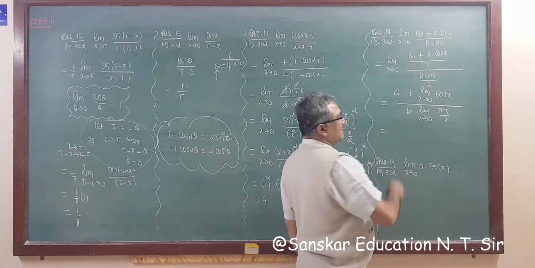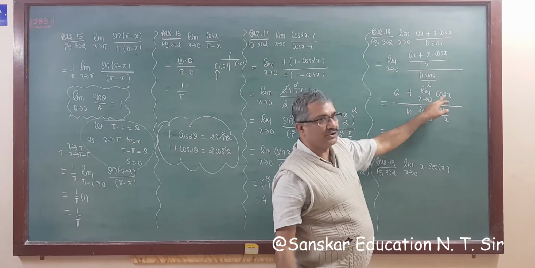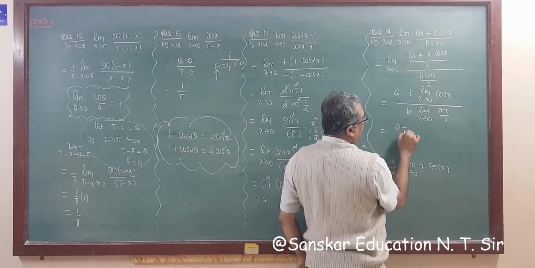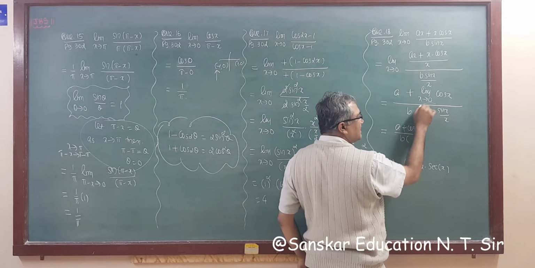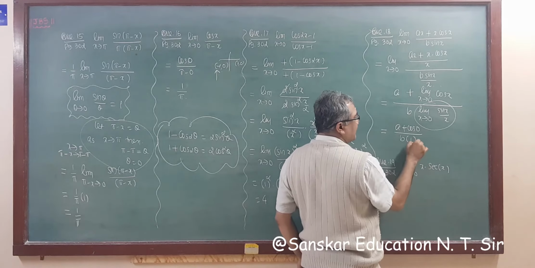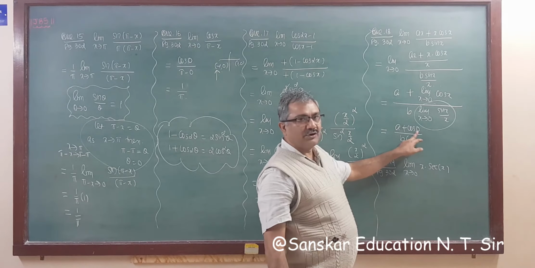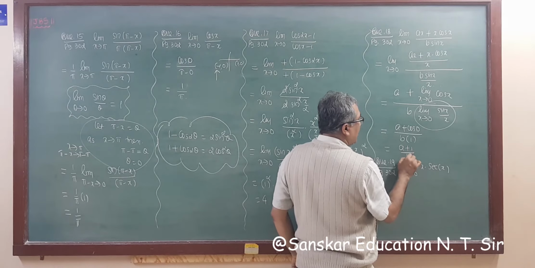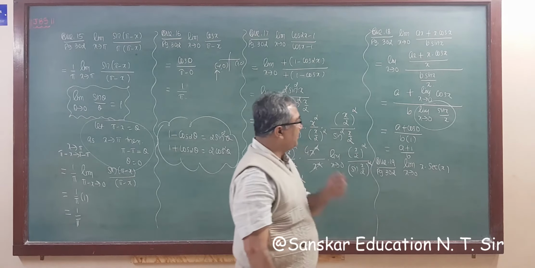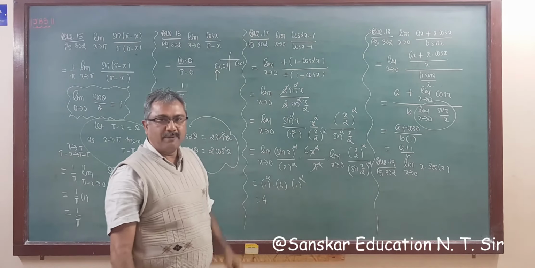So now what is your answer? x tends to 0, that is cos 0. So a plus cos 0 upon b into, this is sin theta upon theta is 1. Now cos 0 is 1. So answer will be a plus 1 upon b.